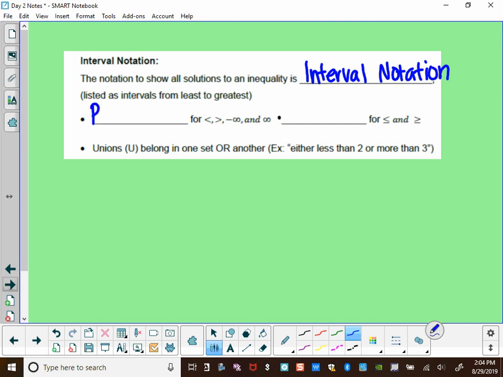All right, the parentheses are for less than or greater than. The parentheses are also for negative infinity to positive infinity. Brackets are for less than or equal to and greater than or equal to.